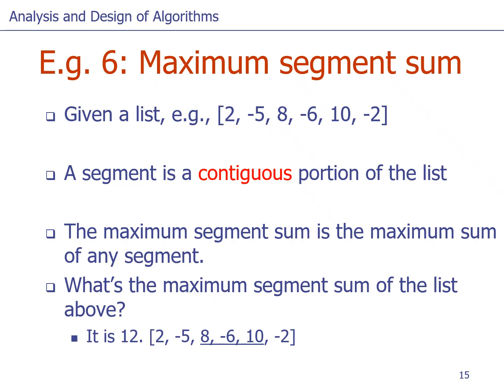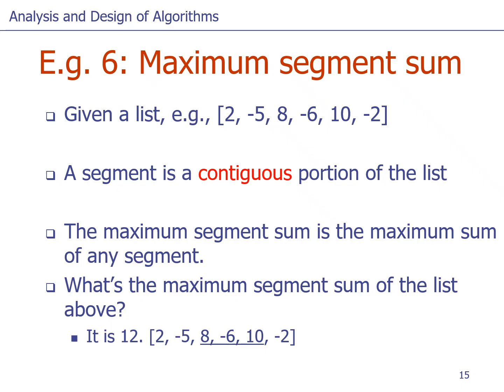And by the way, it has to be contiguous, so I cannot jump numbers. I cannot say 2 and 8. They have to be adjacent. So I will try 2 and minus 5, and I will try minus 5 and 8. So then my answer is going to be, okay, the largest sum is 3 because it's the minus 5 and 8.